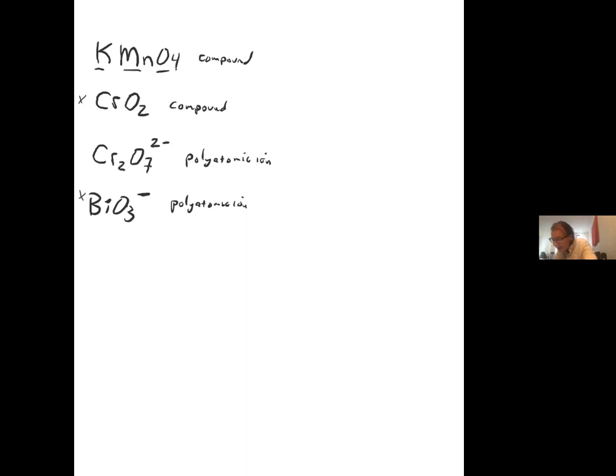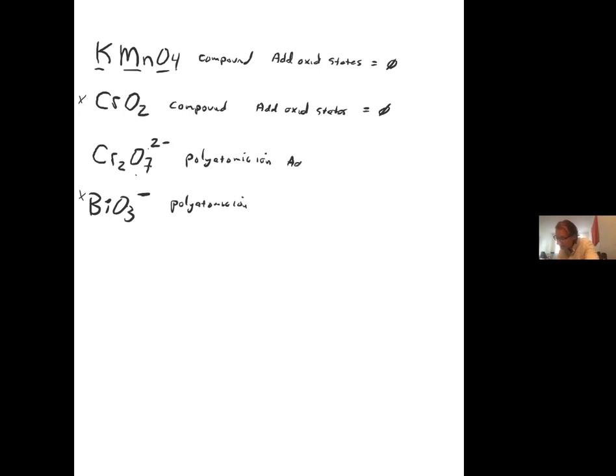Here, when you add all the oxidation states, they've got to equal 0. That's what a compound is. All the oxidation states have to add up to 0. The same would be true with this one. If you add up all the oxidation states, they also have to equal 0. But for these two, they're not compounds, they're polyatomic ions.